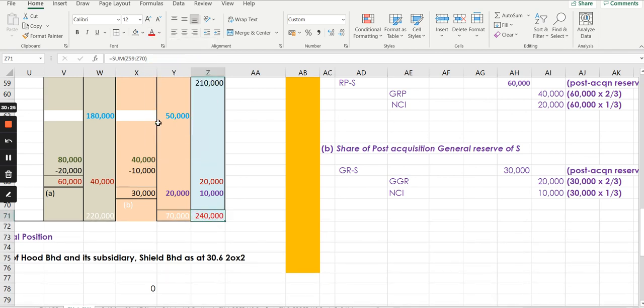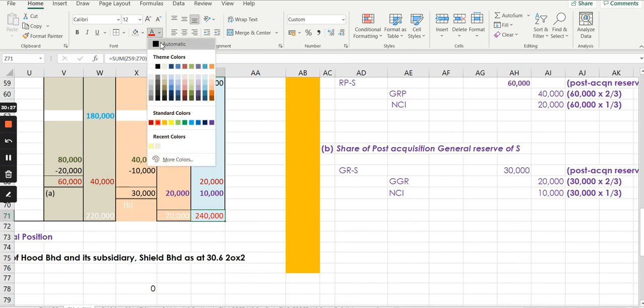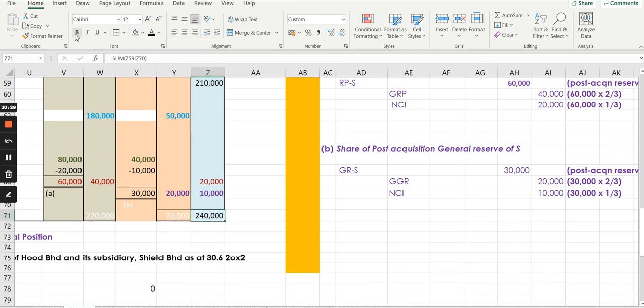So the next stage is to total up each of the columns, because these are the things that will later be transferred to the consolidated statement of financial position. I have already summed that up.